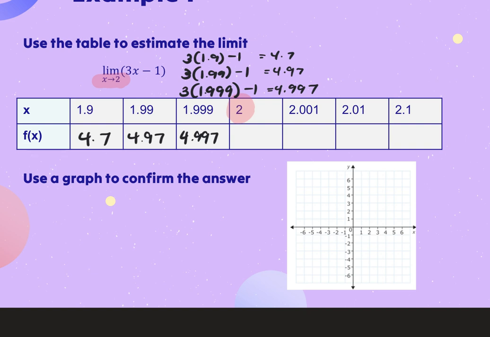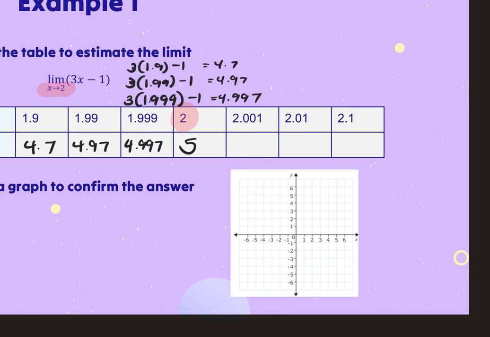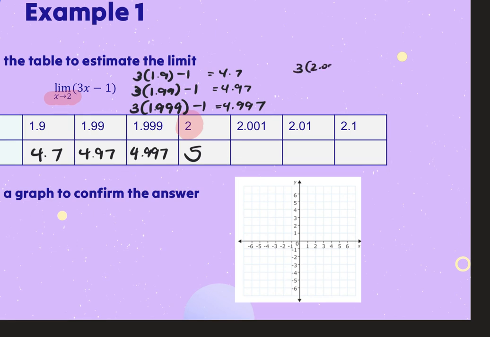When I plug in 2, I get 5. Then I'm just going to keep going: 3 times 2.001 minus 1, 3 times 2.01 minus 1, and 3 times 2.1 minus 1. This is 5.003. 3 times 2.01 minus 1 is 5.03. 3 times 2.1 minus 1 is 5.3.